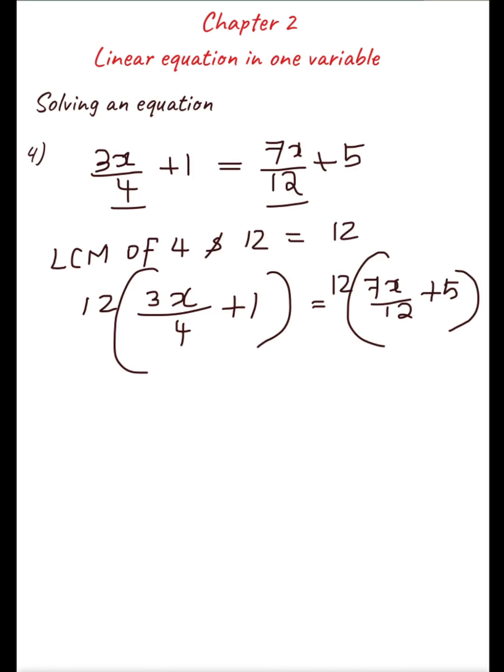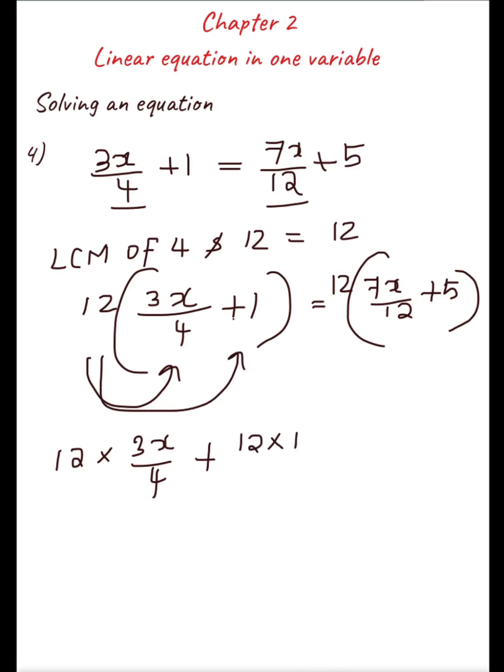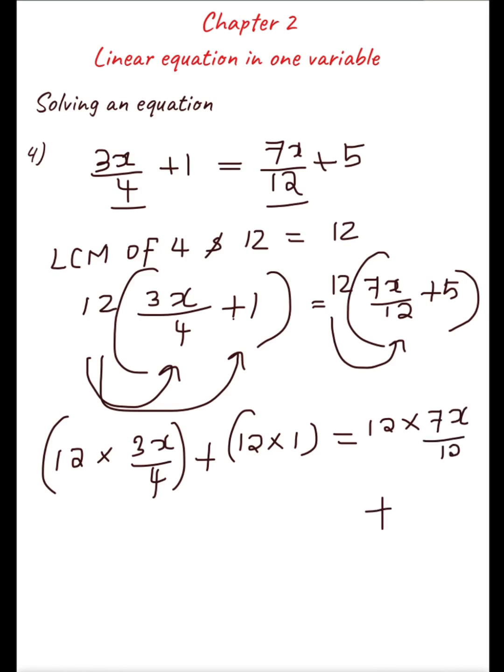Then what happens to our equation? It will become 12 into 3x by 4, plus 12 into 1. Now what about the RHS? 12 into 7x by 12 plus 12 into 5.